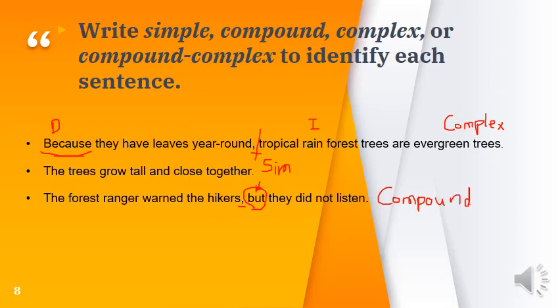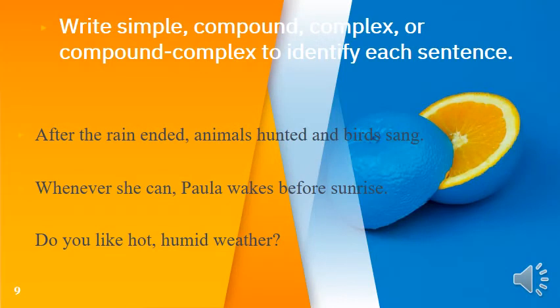Okay, so let's look at these next ones. After the rain ended, and a comma, animals hunted and the birds sang. Oh, yeah. What did I forget at the beginning? I have here after. Yes, it is a conjunction, an indicator of a dependent clause.